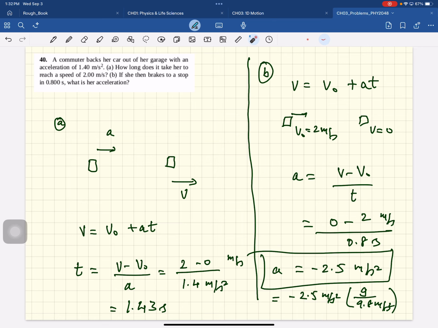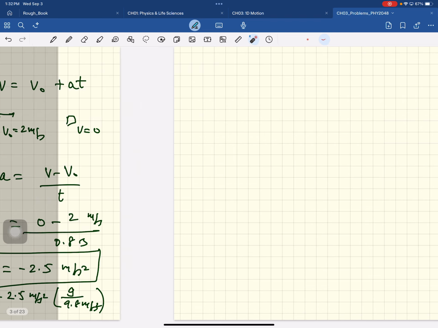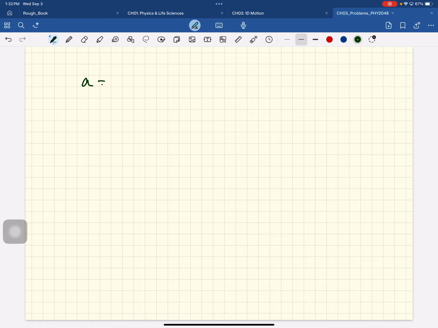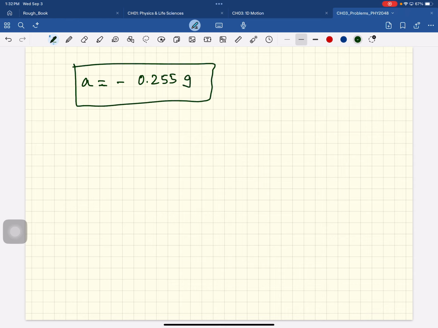Okay, why am I doing this? Well, this cancels. So your acceleration is minus 2.5. All right, why did we do this?